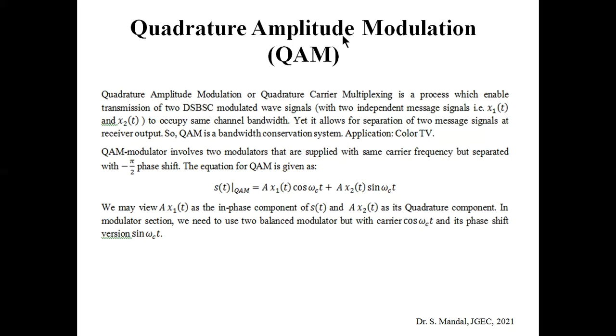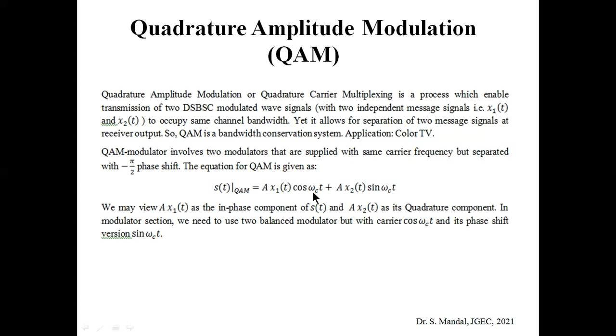So we can write the formal equation for QAM as A x1(t) cos omega_c t, which is the normal DSB-SC equation, plus A x2(t) sin omega_c t. You can see that here we use two carriers. The frequency of both carriers is the same. The only difference is their phase.